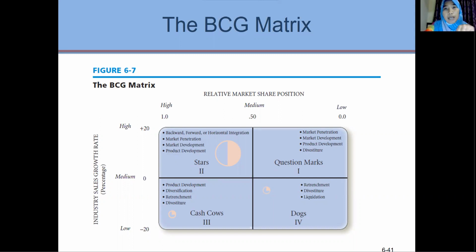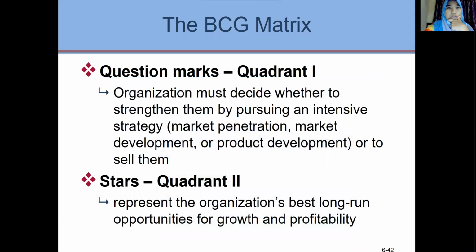So if you have questions about the BCG Matrix, you can ask me later. So that is on the BCG Matrix.